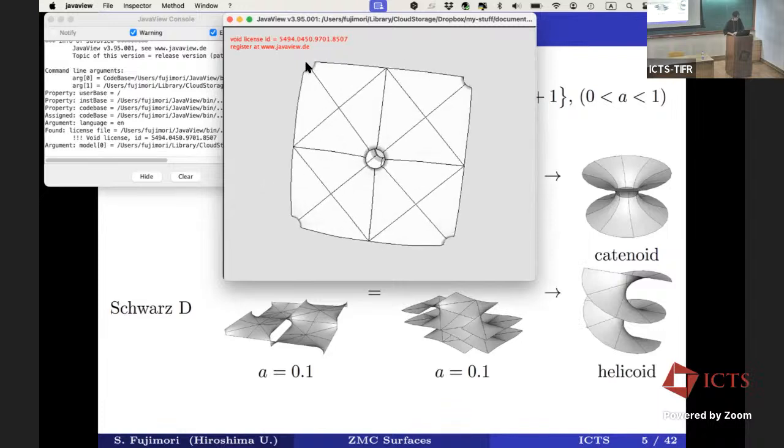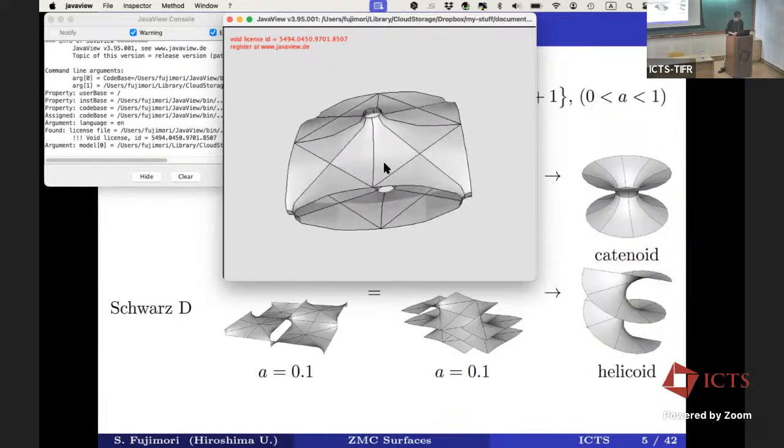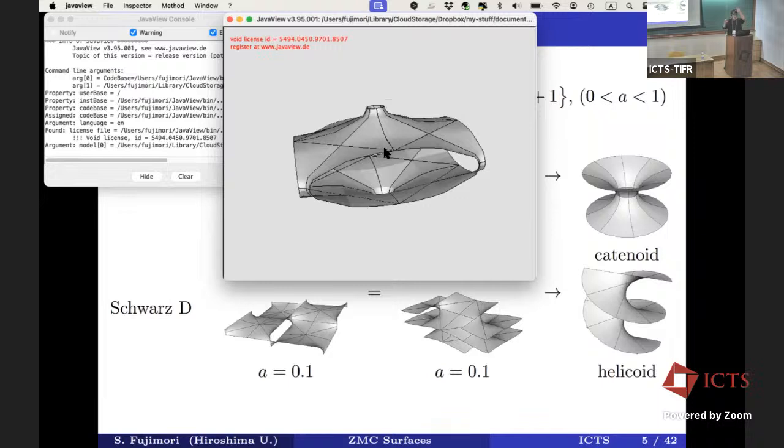And this part can be shifted to here, because this is triply periodic, so just translation is okay. Also this part can be shifted to here, and this part can be shifted to here. And this part also we have vertical translation.